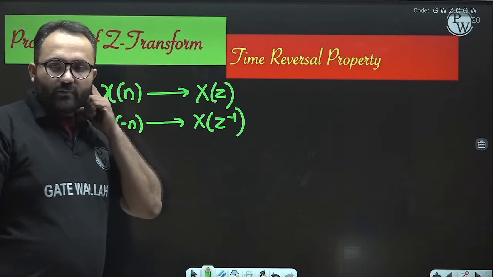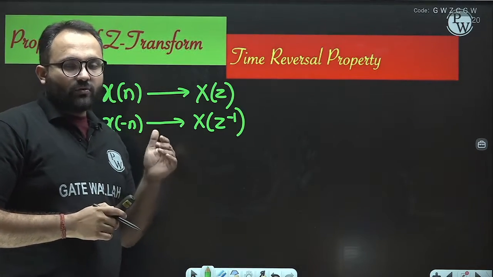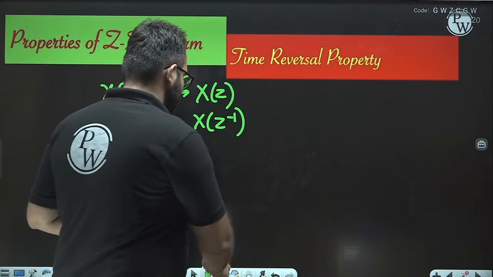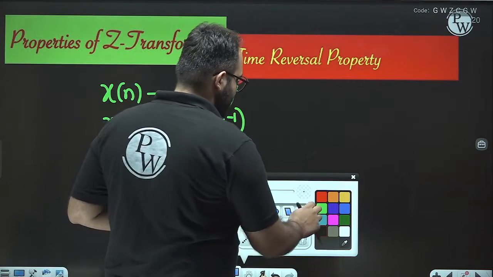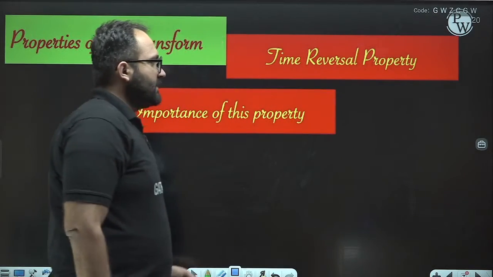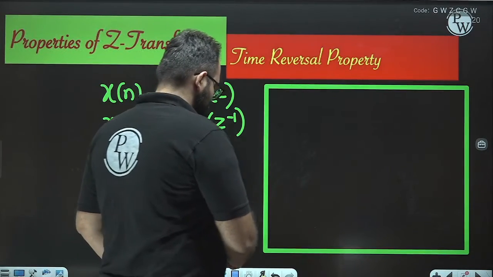So remember this property. Obviously, in this property the ROC will change because the location of the pole will change and the format of the signal has also changed. Both things have changed.